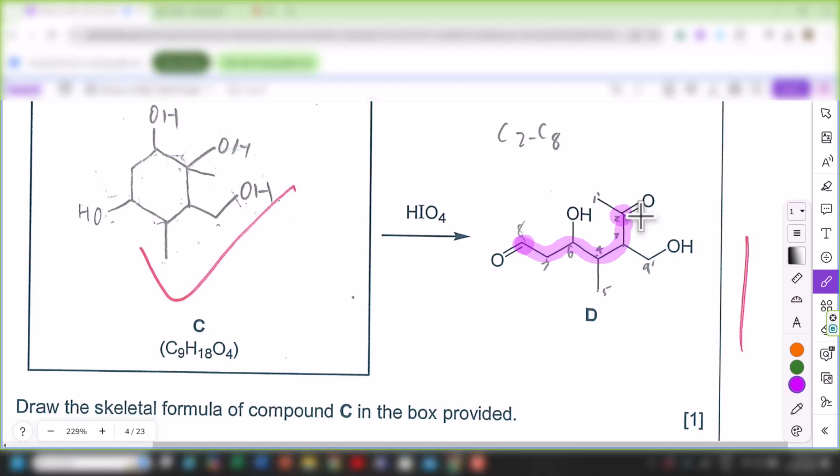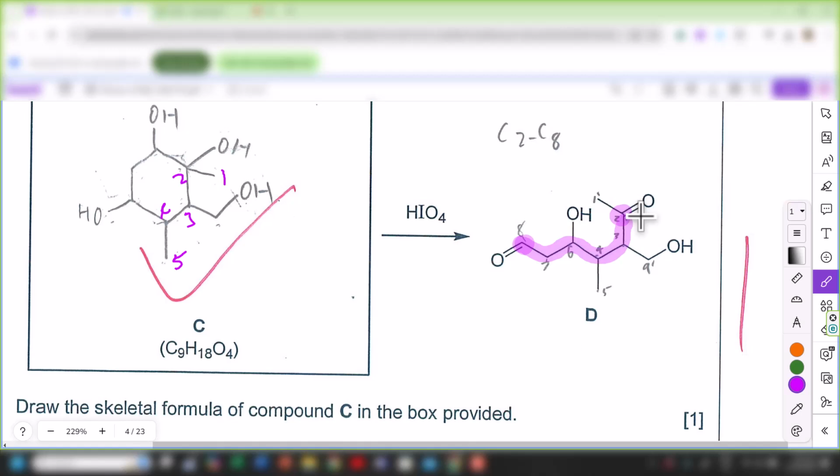So if you try to number the carbon, then this will be 5, 4, 3, 2. Oops, sorry, I think it's the other way. Oh no, sorry, it's correct. 5, 4, 3, 2, then this is 1.